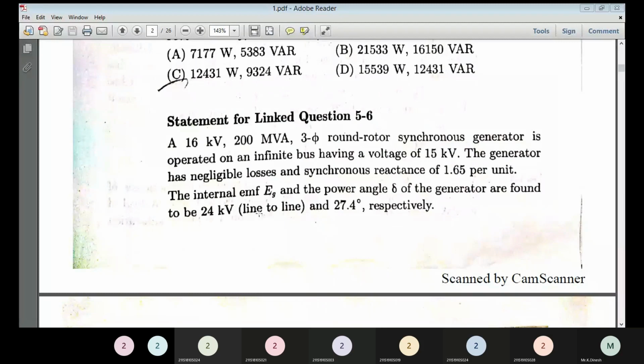Not only in your GATE examination, it is common to all public sector competitive examinations, that is UPSC. UPSC conducts IES, that is Indian Engineering Service. Like your IAS, for engineering we have IES.